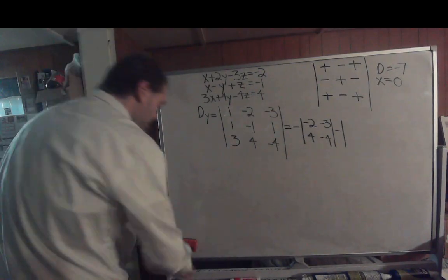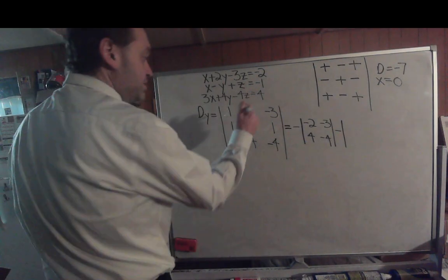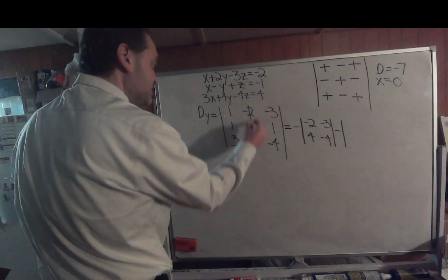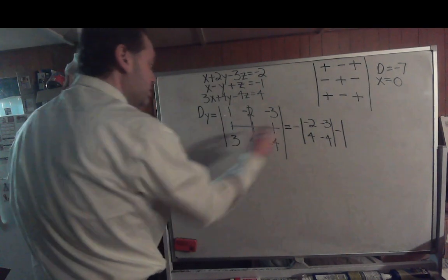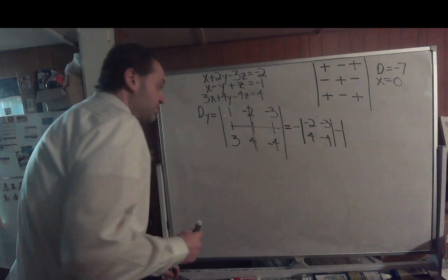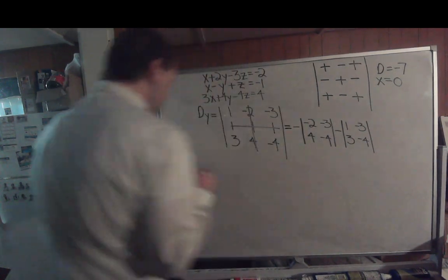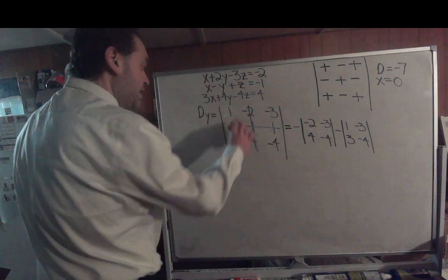So it's going to be resulting from the determinant of when I strike out the second column in the second row. So the resulting determinant is going to be 1, -3, 3, -4. Alright, then we got one more to figure out.